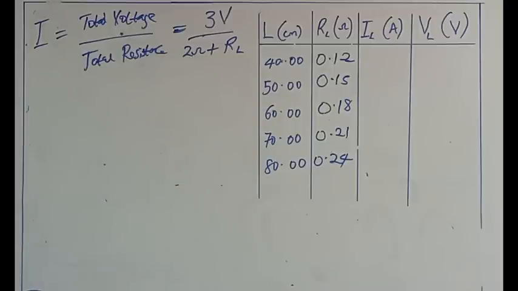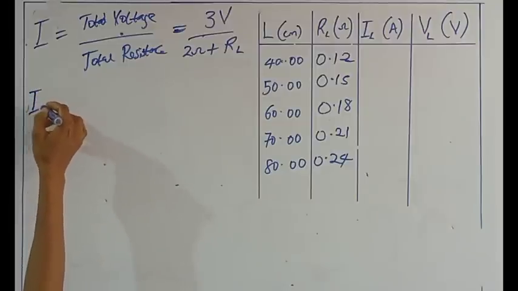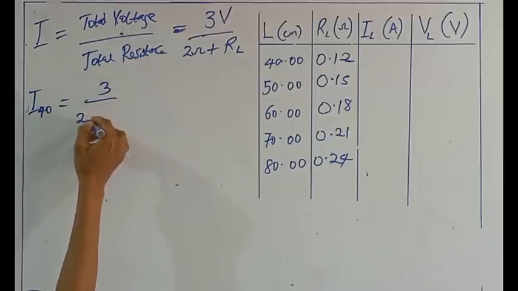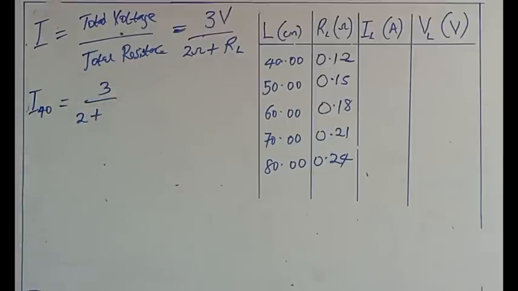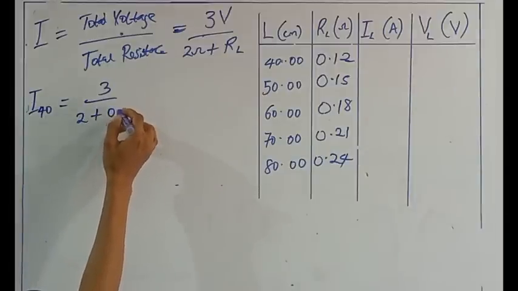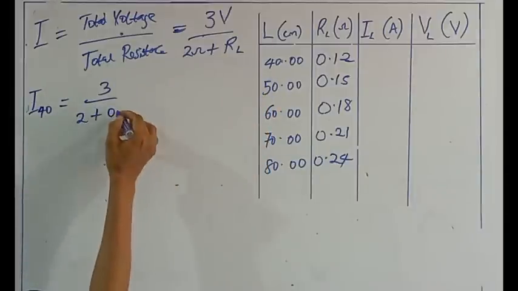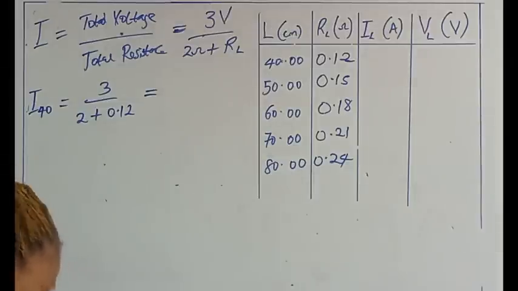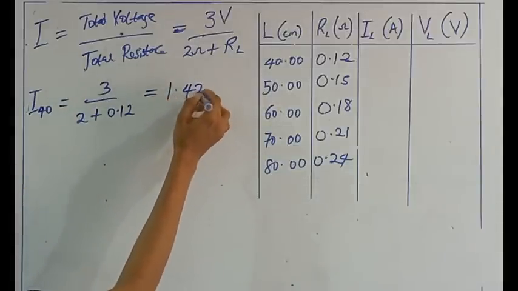So we are going to do it for the first one, where for the 40 we are going to have 3 over 2 plus the R40 that we got. Remember, R40 is 0.12. So if we put it, we are going to have the current to be 1.42.